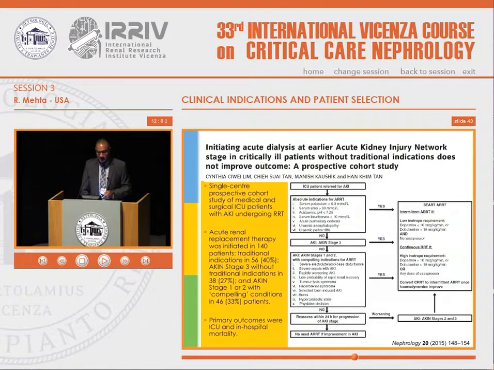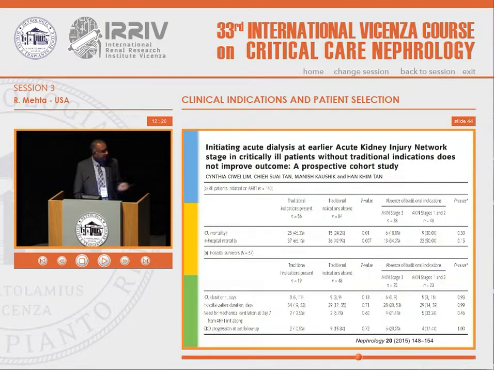In another study which has just been published recently, this was a prospective cohort study of medical and surgical ICU patients. Again, patients who were referred, these were the KDIGO stage 3, and those patients who were dialyzed with starting RRT without the evidence of an AKI stage 3, you again found that the outcomes were very different, particularly in those patients who had non-traditional indications for dialysis.